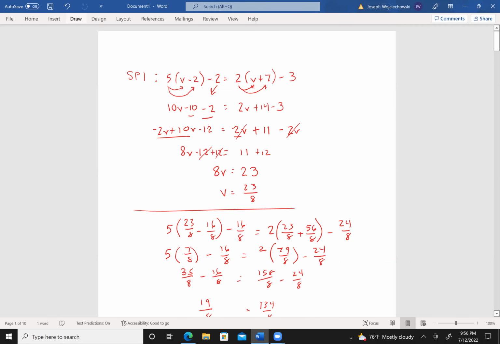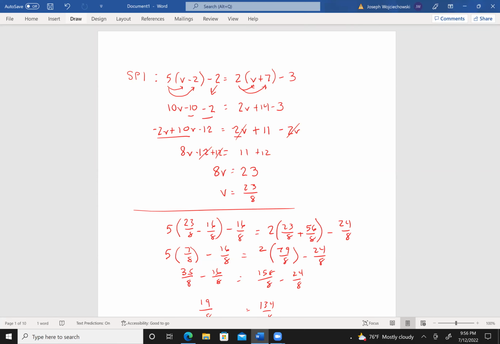10v minus 10 minus 2, 2v plus 14 minus 3. Subtract 2v from each side, and we get 8v minus 12 equals 11. And then we have 8v, and we added 12 to get 23.